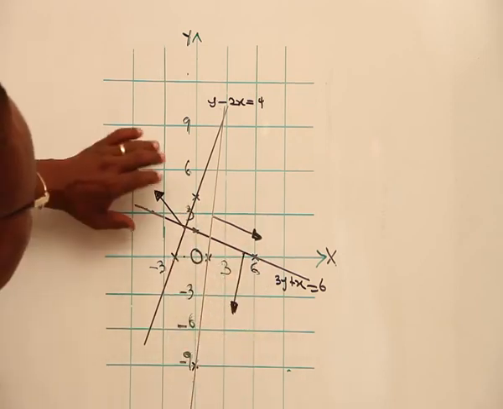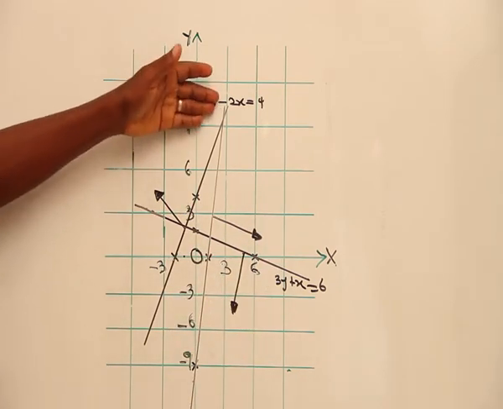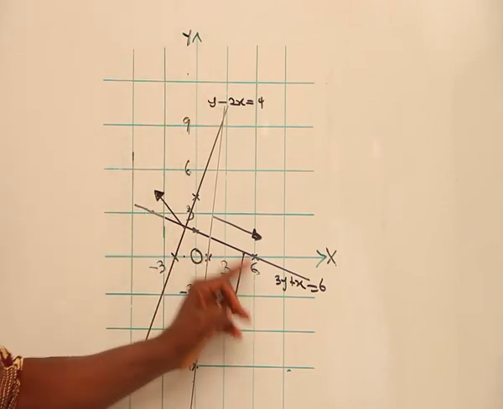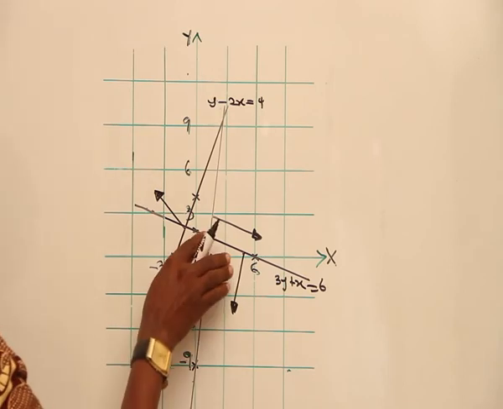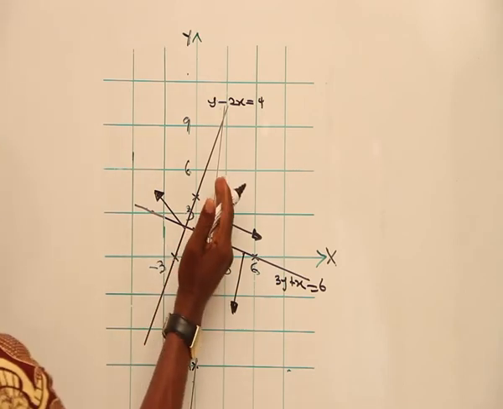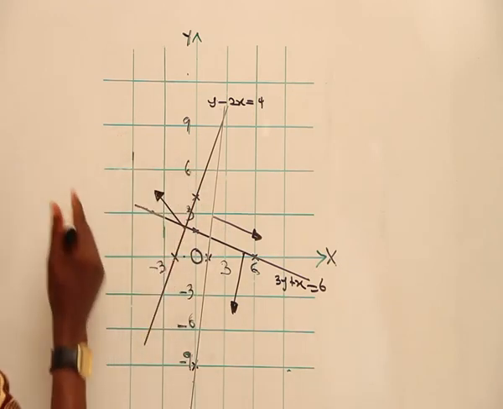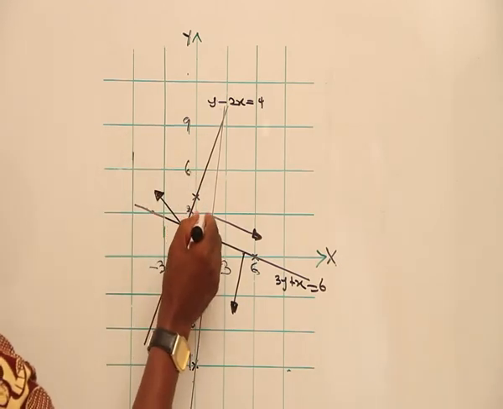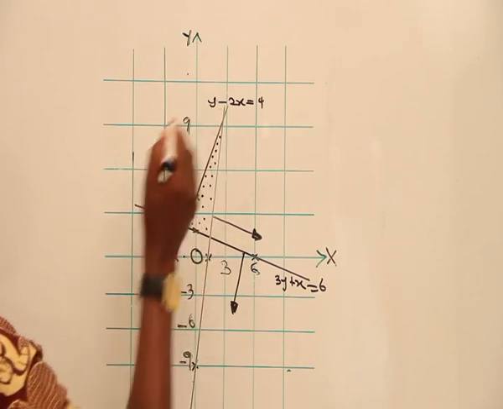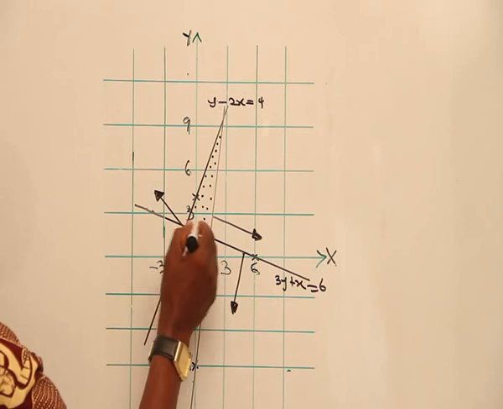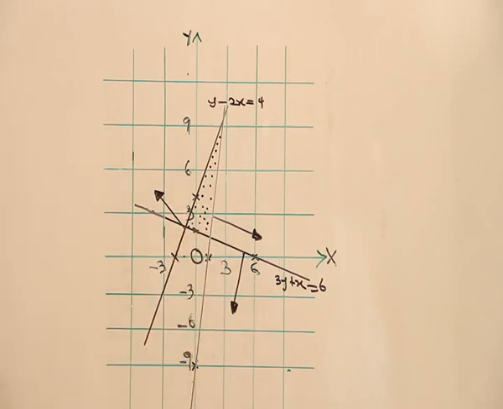You will now notice that there is a region that is enclosed by the 3 straight lines. The whole of this side is marked up. What is remaining is this dotted region. This dotted region is the region that is not shaded off at all. This region that is remaining is the solution set.